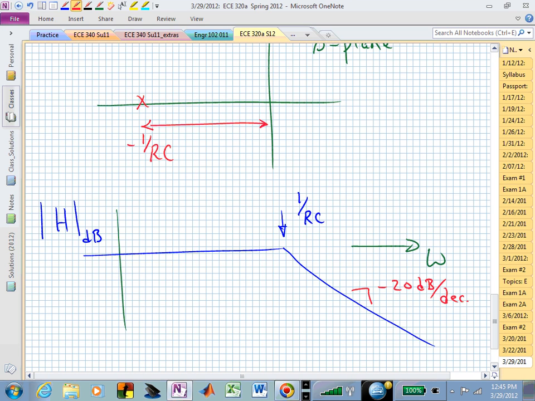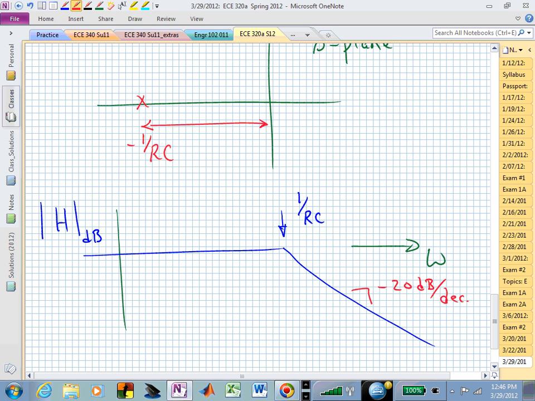And so the question was, this is a log-based plot. It's actually a semi-log plot, meaning one of the axes is logarithmic and the other one is standard. The vertical axis will be in decibels, dB, and that will be linear.